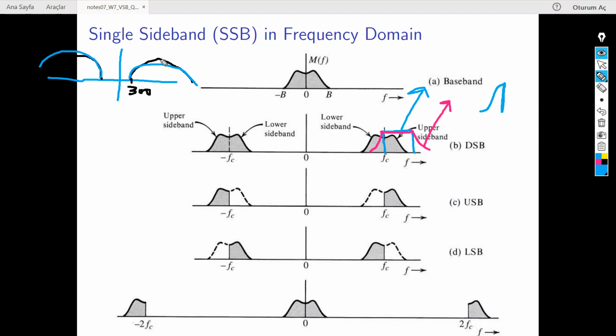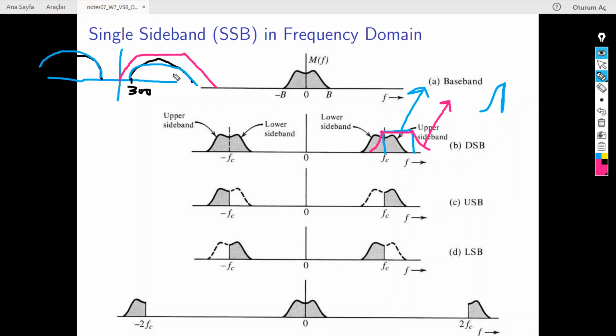Why? Because when I design a practical filter, it comes like this. It has transitions, not sharp edges. So it takes the whole signal. No portion of the signal from this part was taken into consideration.